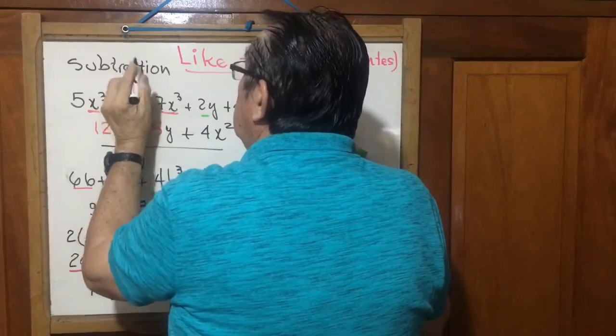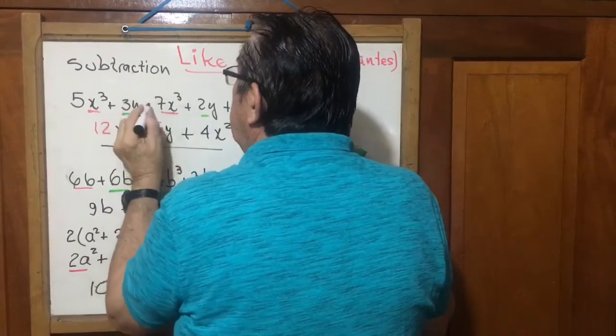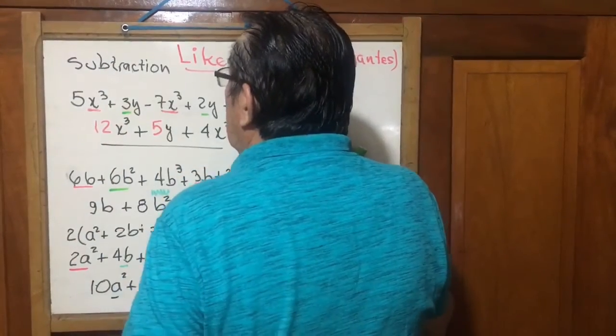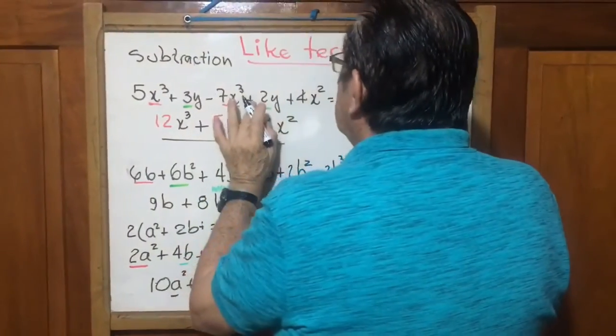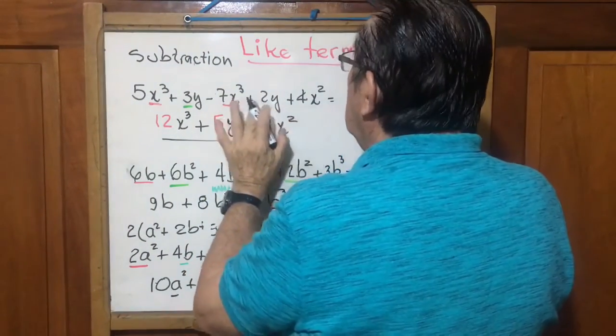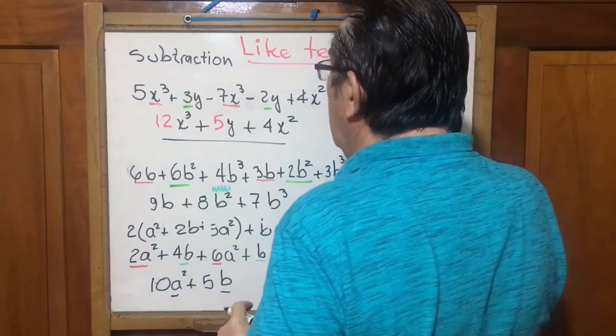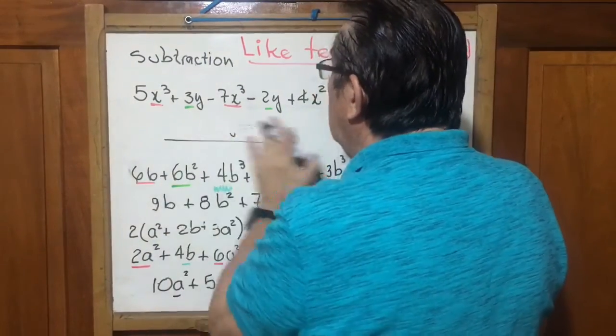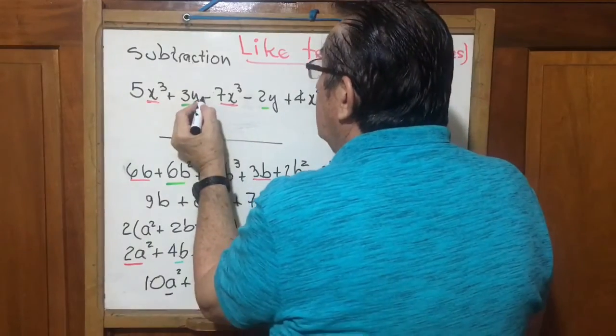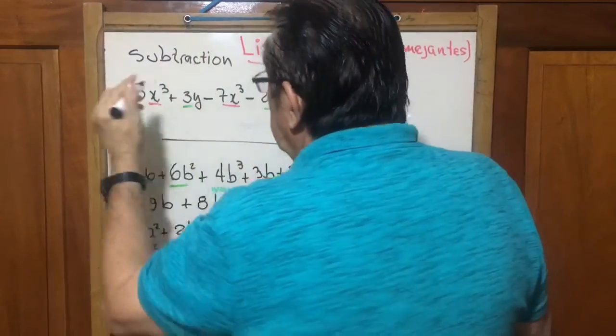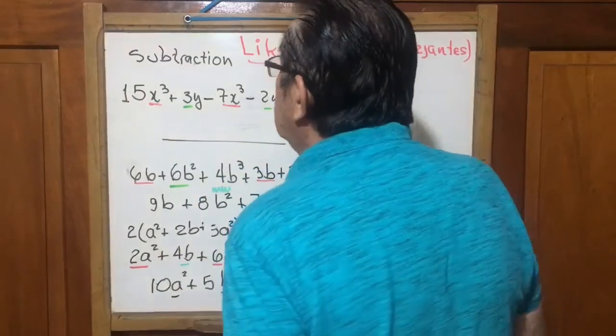In subtraction, what we do, let's imagine this is negative. And this is also negative. Okay? Now, let's find out how we can do it. Let's think that this is 15.